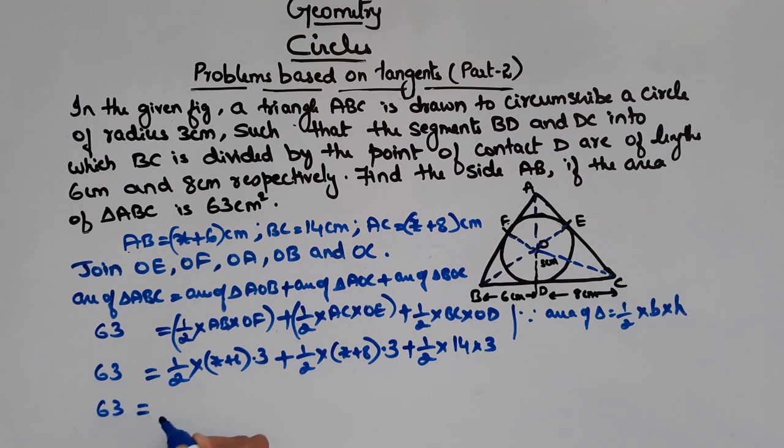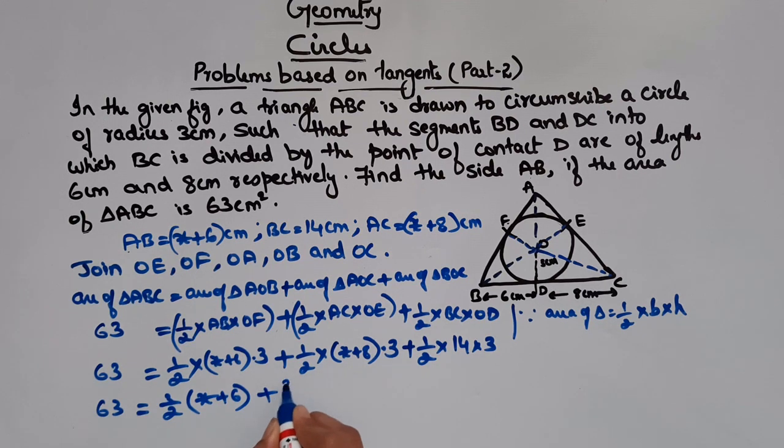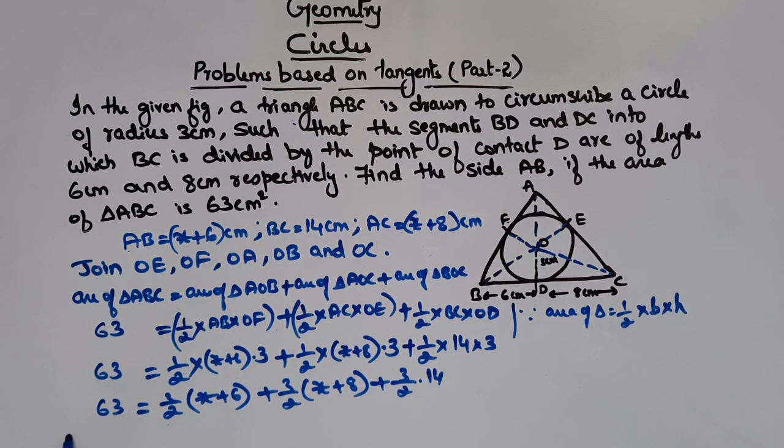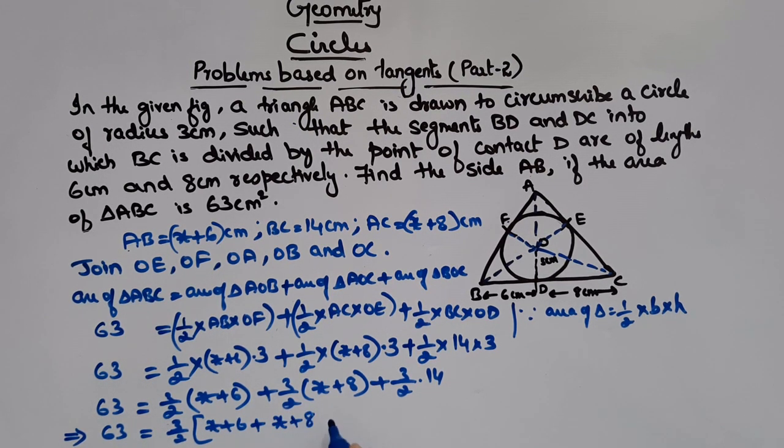So we will simplify this further. 63 is equal to 3 by 2 into x plus 6 plus 3 by 2 into x plus 8 plus 3 by 2 into 14. This implies 63 is equal to 3 by 2, which is common, into x plus 6 plus x plus 8 plus 14.